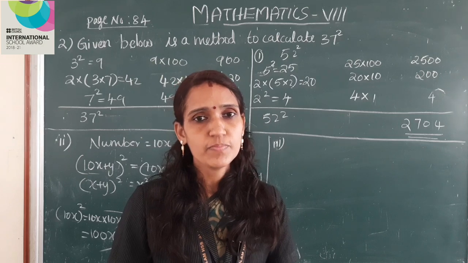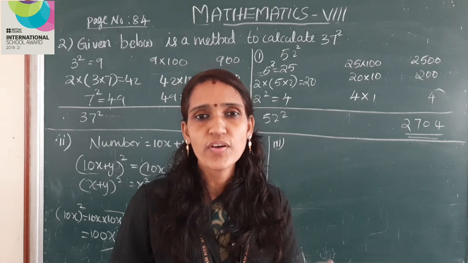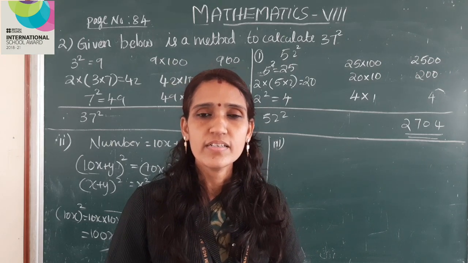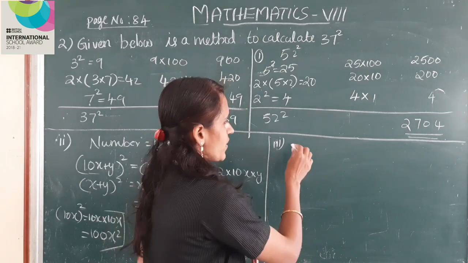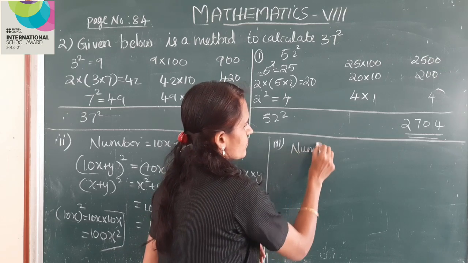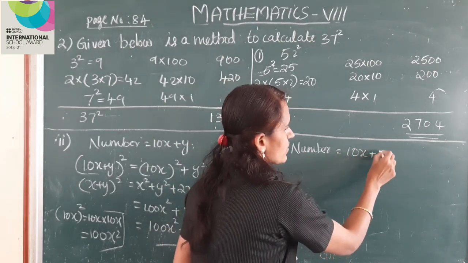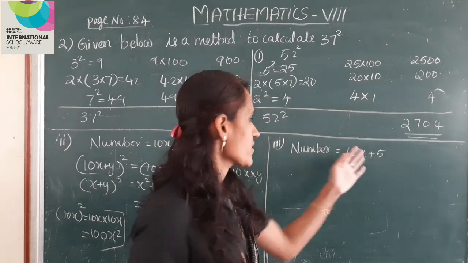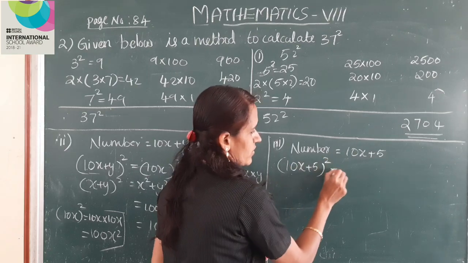For example, 15, 25, 35, 45, etc. In algebra, the number can be written as 10x plus 5. Its square is (10x + 5) whole square.